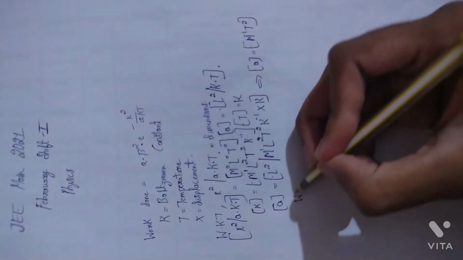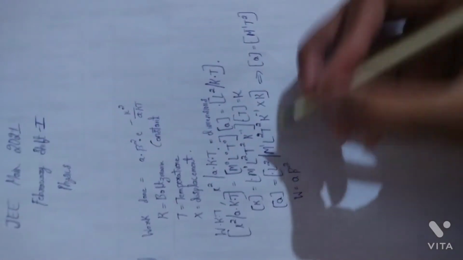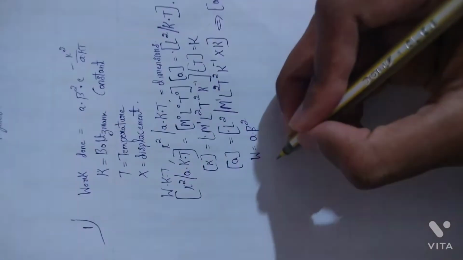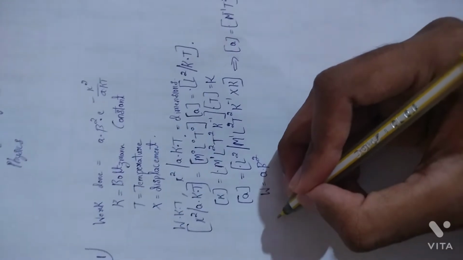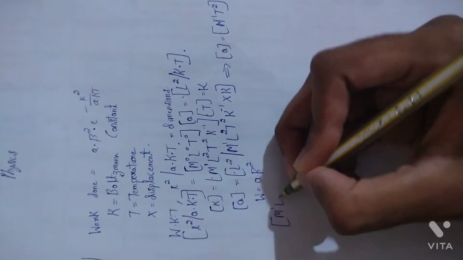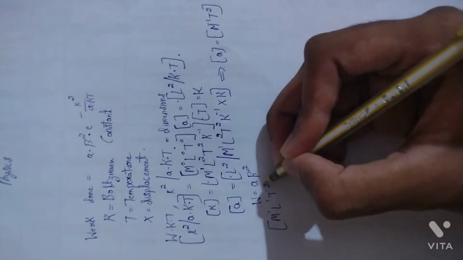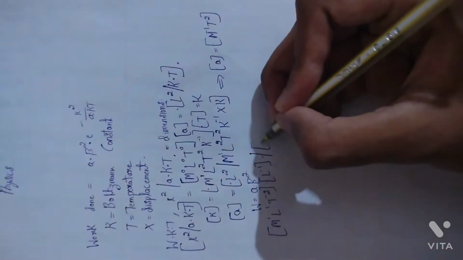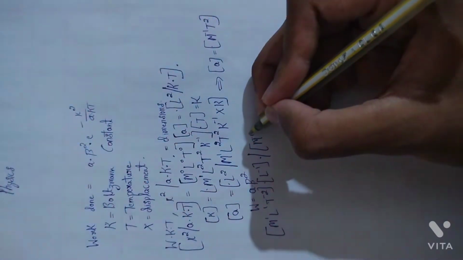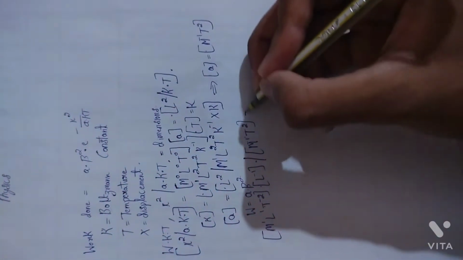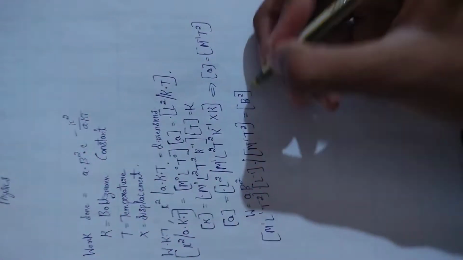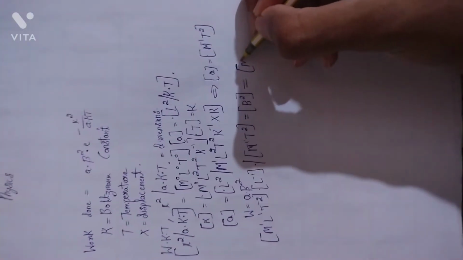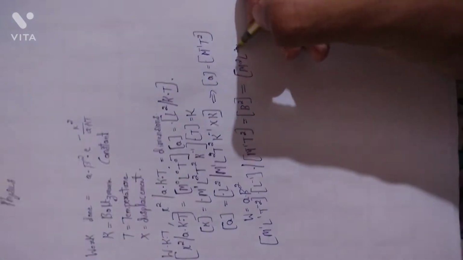Therefore W is equal to A into beta square. If we take both, that is M1 L1 T inverse into L inverse divided by M inverse T2, then B square is equal to M square L square T minus 4.